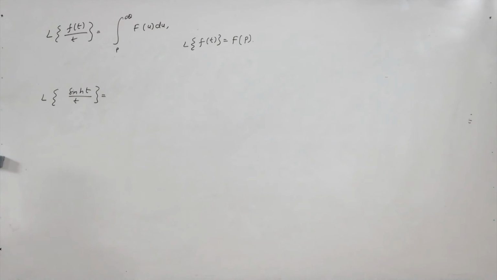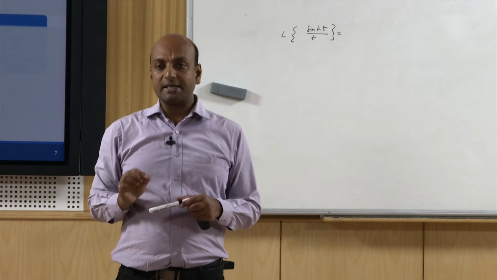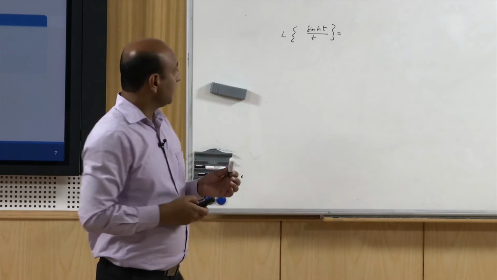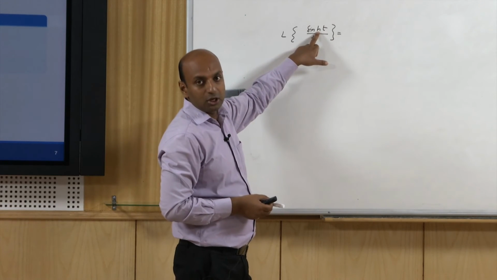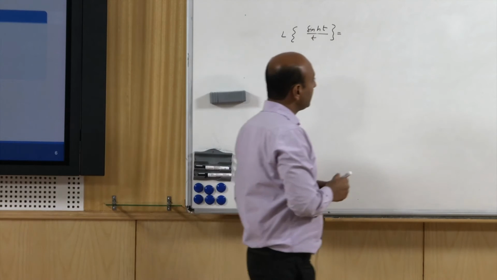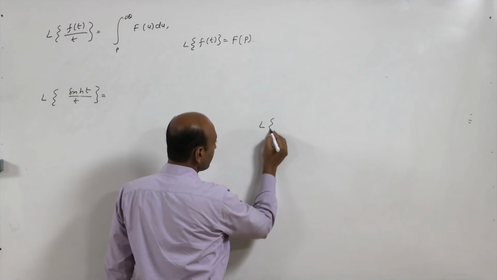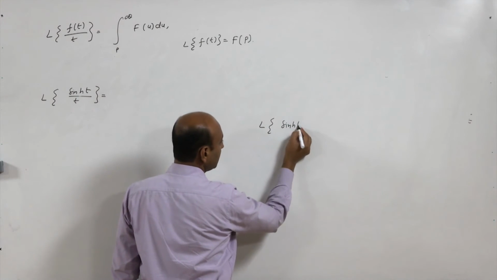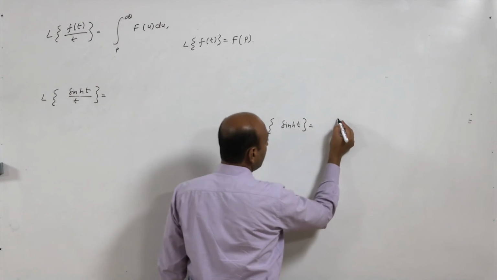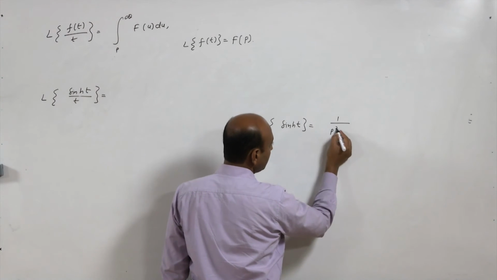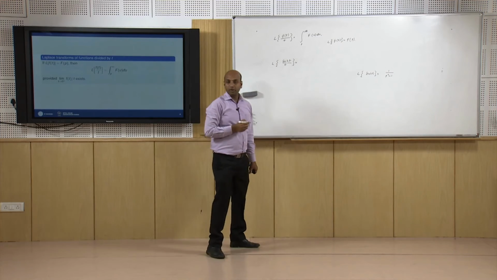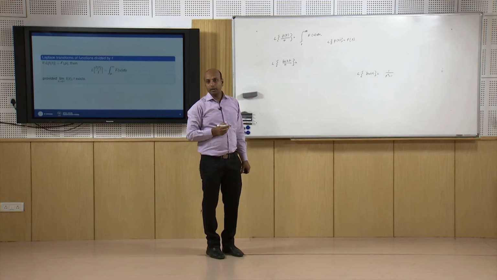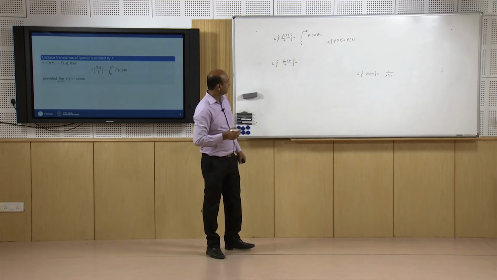First we have to find the Laplace transform of the numerator. Here the numerator f(t) is sinh t. So, what is the Laplace of sinh t? This we already know: for sinh at it is a upon p square minus a square, so here it is 1 upon p square minus 1.